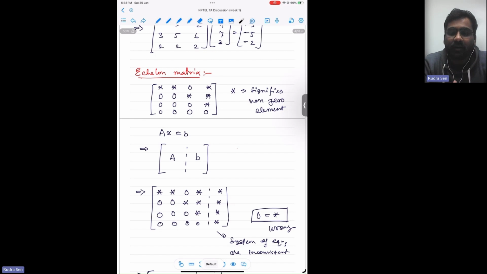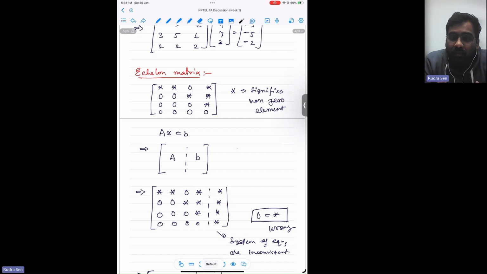As I've already mentioned, and you have already seen many examples, we can find the echelon form of any matrix. It's not required that the matrix should be a square matrix. It could be a rectangular matrix, meaning the number of rows could be greater than the number of columns, or the number of columns could be greater than the number of rows. In both cases, we can find the echelon matrix. But obviously, in the case of a square matrix, it is much easier.